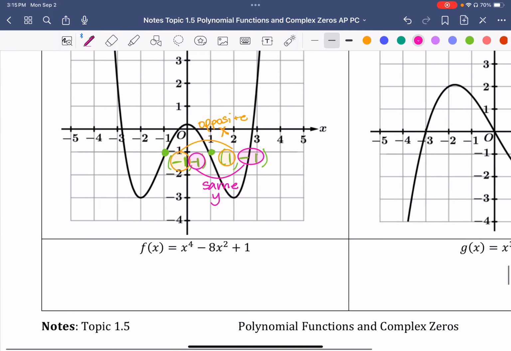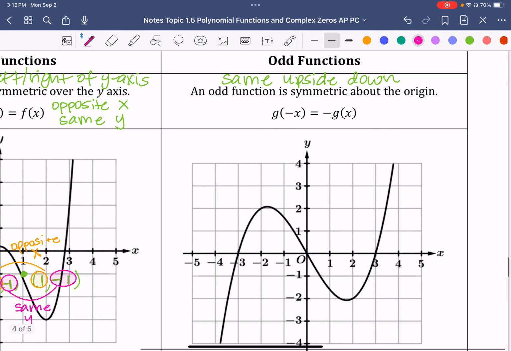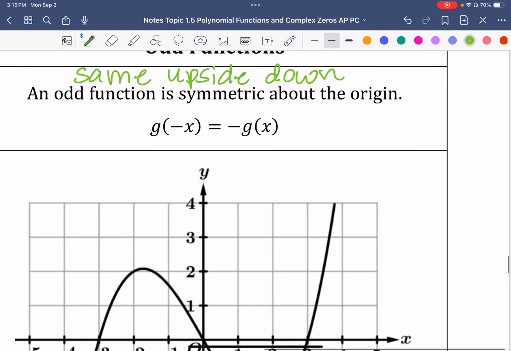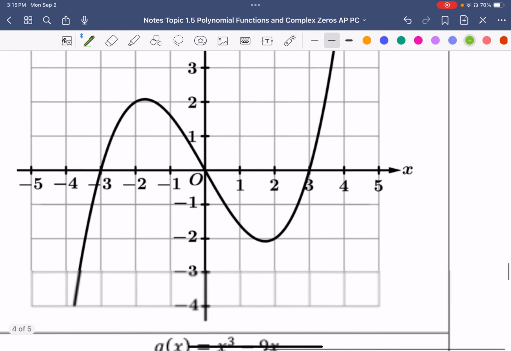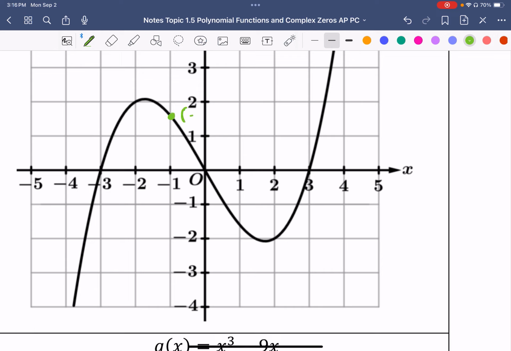Okay. For odd, you're going to have opposite x values, and your y values will also be opposite. Okay, so again, if I look at -1, now this is just an approximation, let's say -1 and then +1.5. And then for x is +1, I have -1.5.